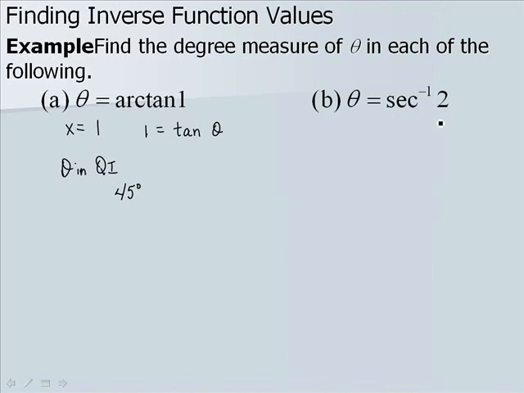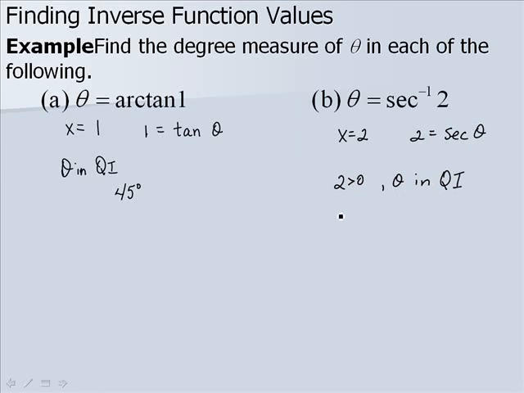Now let's do the secant inverse of 2. So we say that x is equal to 2, and we know then that 2 is equal to the secant of theta. So we want to find theta such that when we take the secant of it, we get 2. For secant inverse of x, theta is in quadrant 1 or 2. Since we know that 2 is greater than 0, then we know that theta is in quadrant 1.